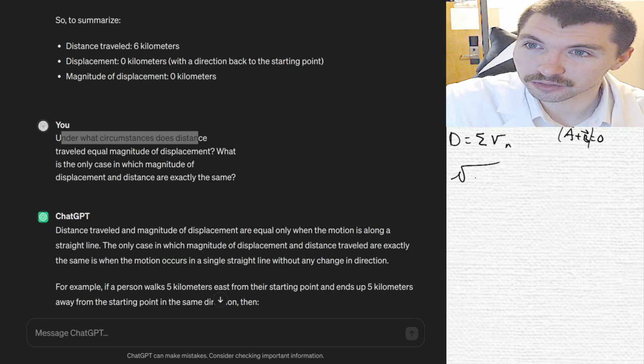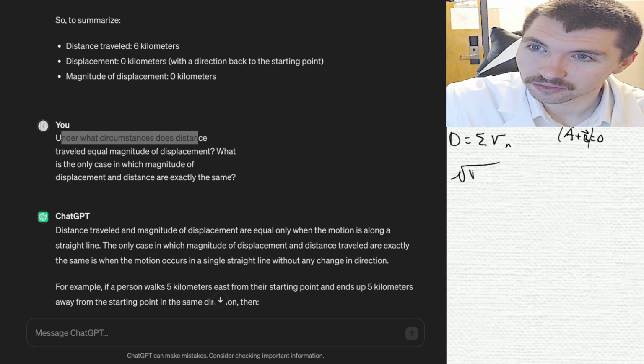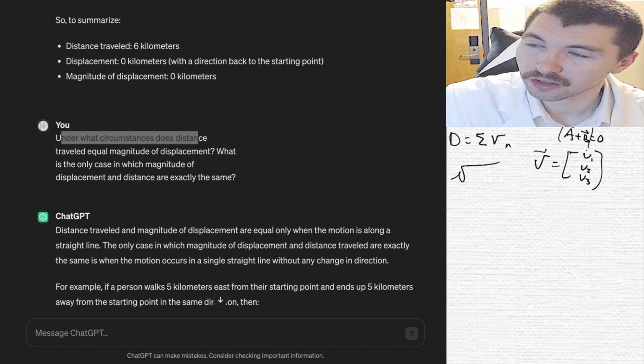You find the magnitude, the square root of vector dot vector, of each component. So v is a vector, v1, v2, v3.